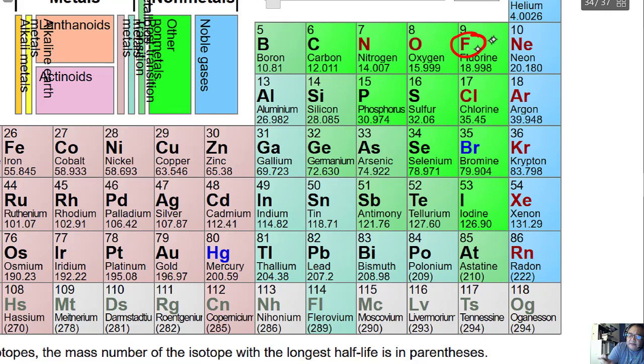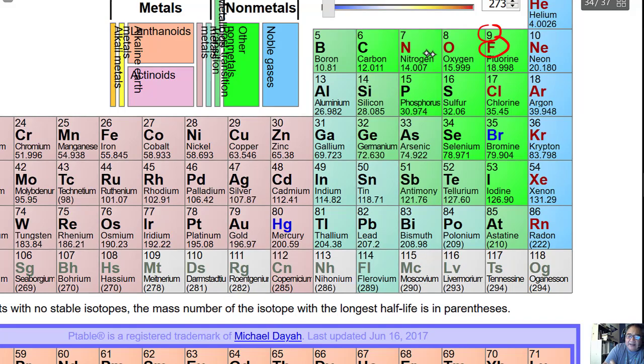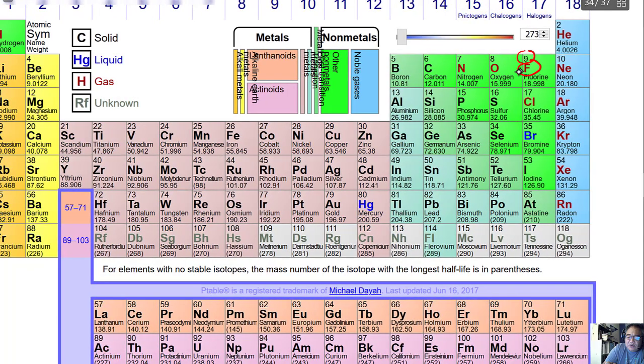It has 9 protons and 9 electrons. So how many electrons does it want? It wants to have 10, because with 10, it could be like neon, or it could be like helium, but to be like helium, it has to lose all the way down to helium. Much easier for it to just add an electron and become like neon.